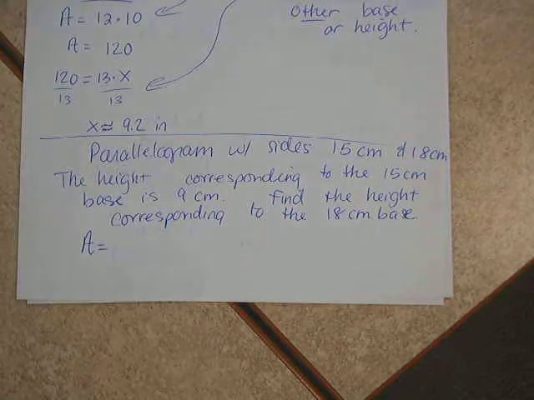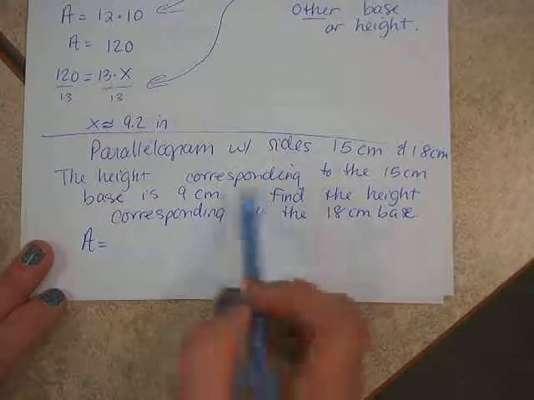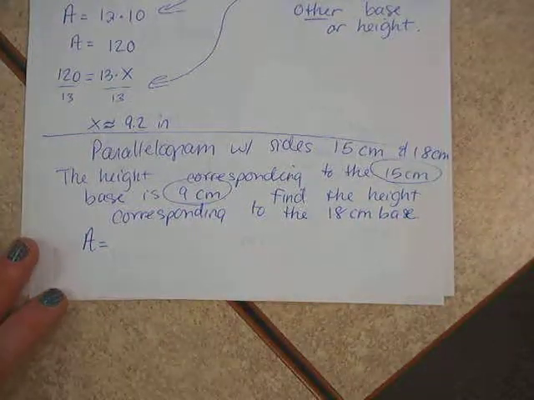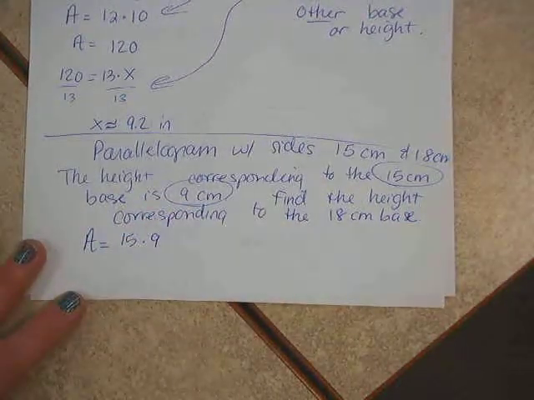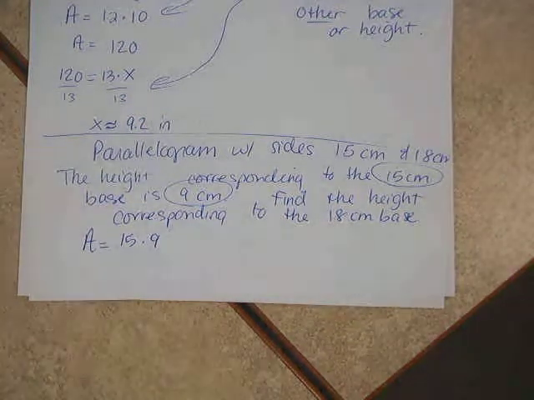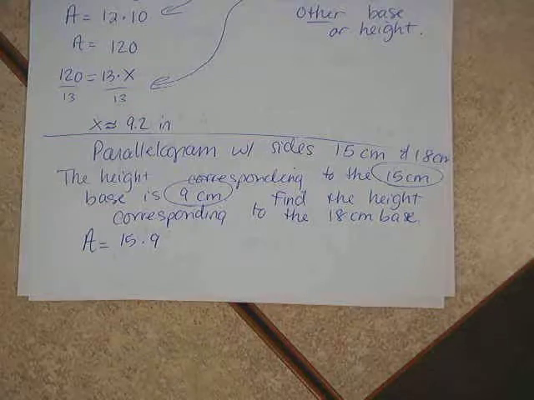So that means just do the same thing you just did up there. Just have to make sure you use the right pair. Okay, so our area, what would we use to find our area to begin with? Would you use 15 and 18? 15 and 9. Yeah, it says the height corresponding to the 15 centimeter base is 9. So 15 times 9 should give you your area.